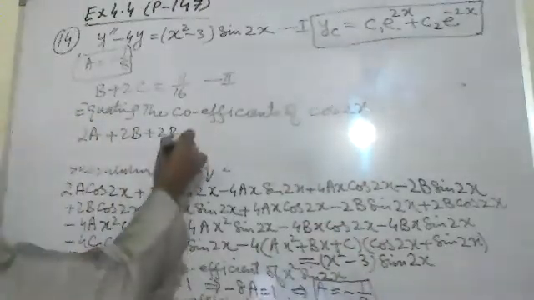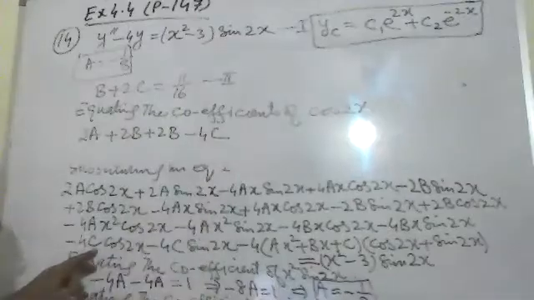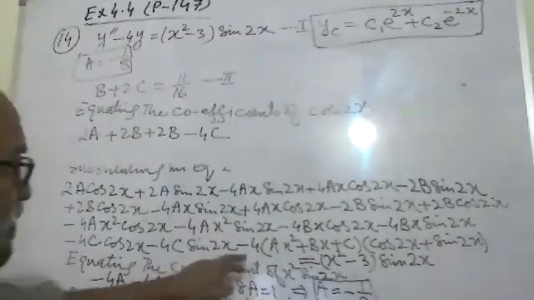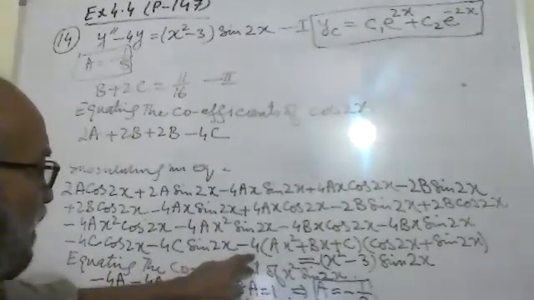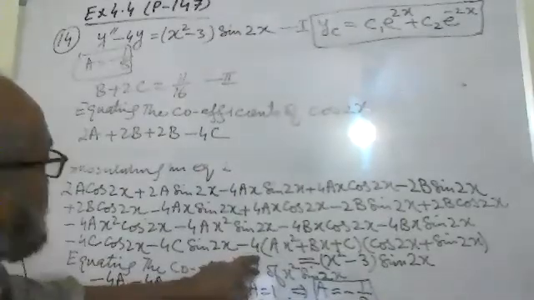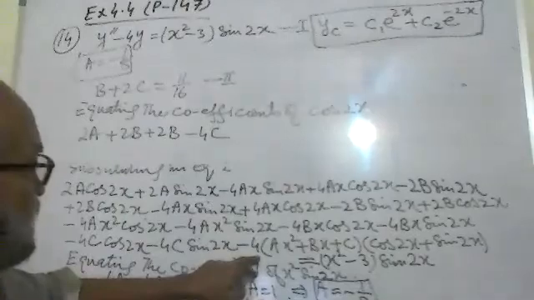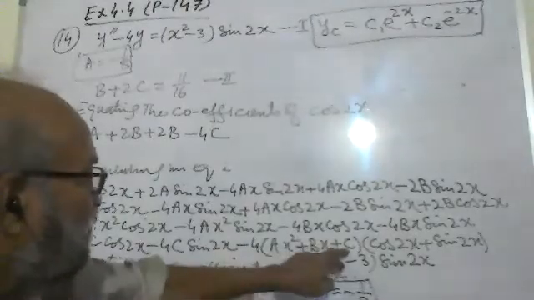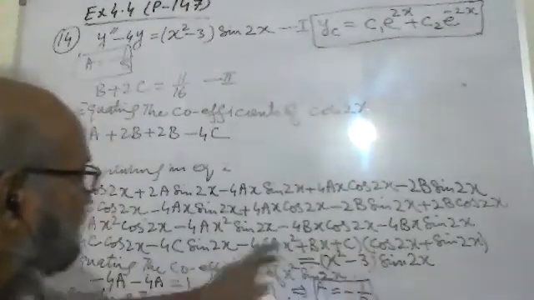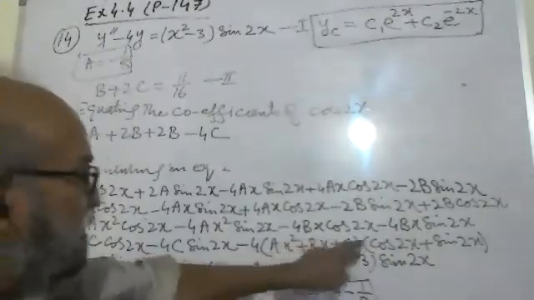Minus 4c. Then again minus 4c. Minus 4 into c, minus 4c when multiplied.